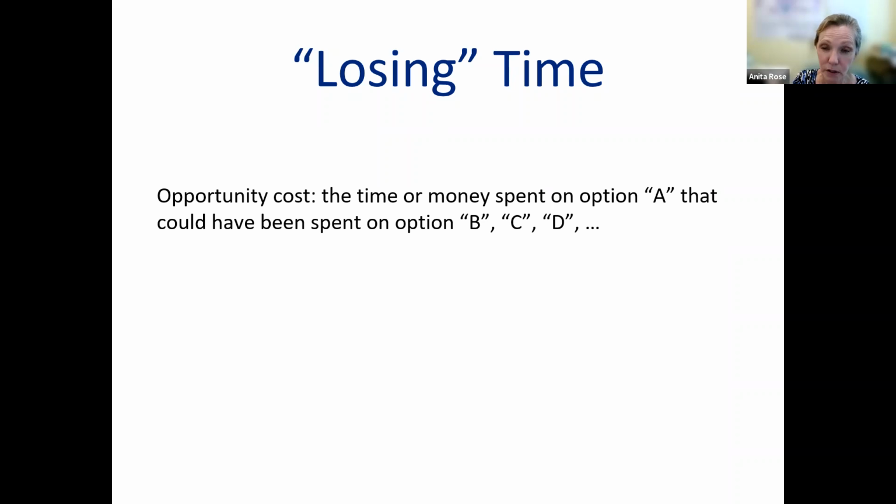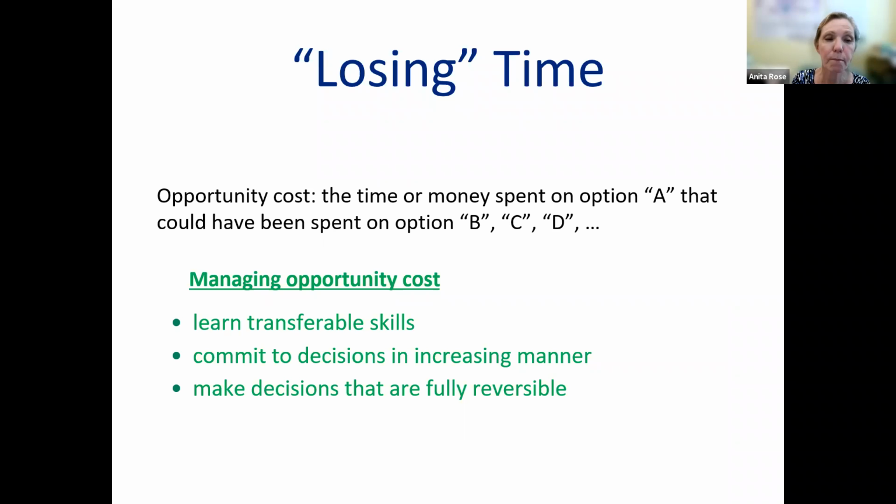So what are some of the good ways that we can manage that opportunity cost? We can learn maybe transferable skills, commit to decisions in an incremental or increasing manner, and make decisions that can be reversible. Oftentimes that's not always the case. Sometimes we make a decision that cannot be reversed or that may have some consequences.